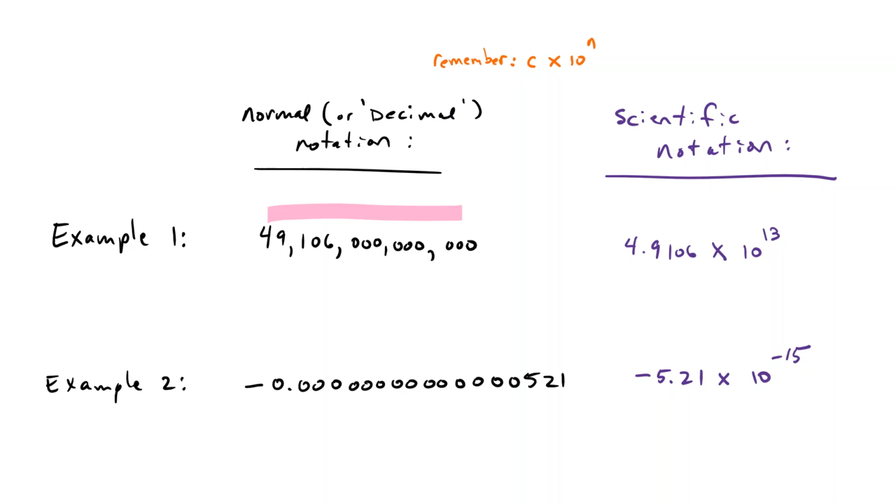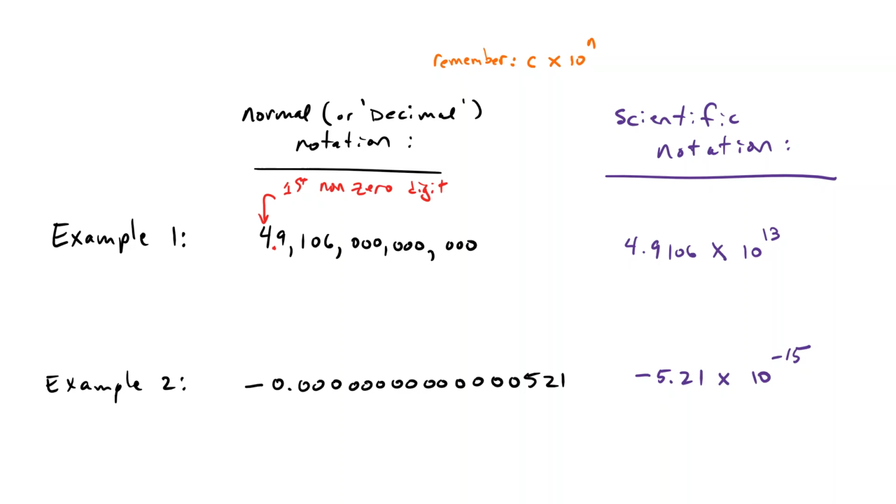So if we wanted to write it in a smaller, more concise form, what we could do is find the first non-zero digit, and we're like, hey, let's put a decimal to the right of that first non-zero digit.